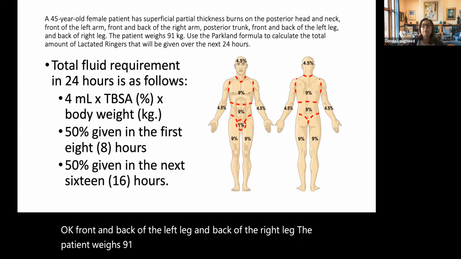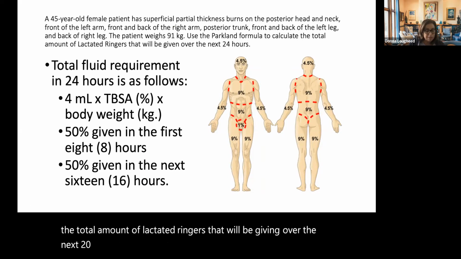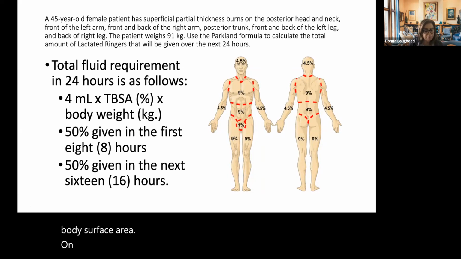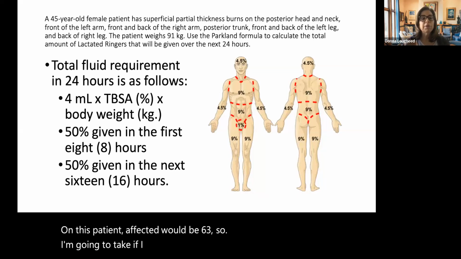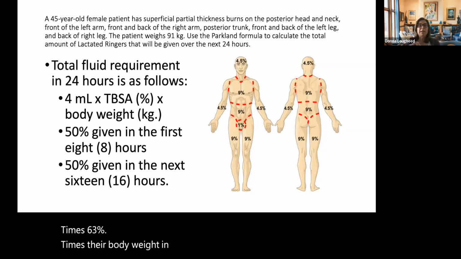Using the Parkland formula to calculate the total amount of lactated ringers that we'll be giving over the next 24 hours. So I'm going to tell you right here that the total body surface area on this patient affected would be 63. If I use the formula, I'm going to take 4 times 63% times their body weight in kilograms, and that would be 91.